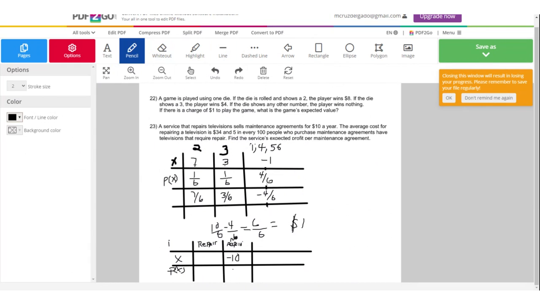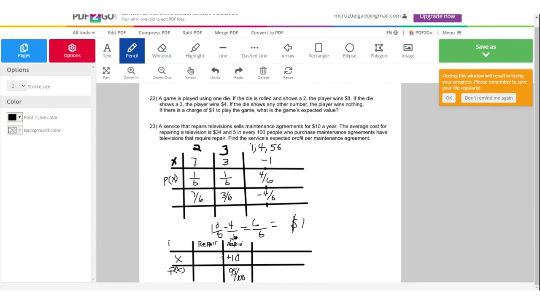So this is 95 over 100. So 95 over 100 times are going to be just collecting $10. I'm sorry, this is actually positive because they're just bringing in $10. This is going to be negative.